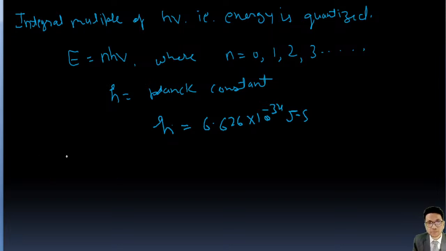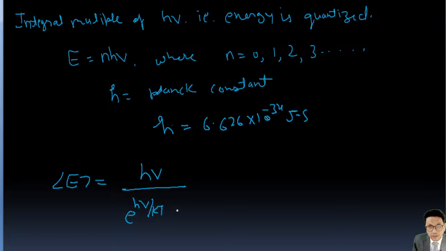And then he derived the average energy of the black body radiation, and that is average energy equal to h nu upon e to the power h nu upon kT minus 1. This is the average energy Planck derived using quantum oscillator.